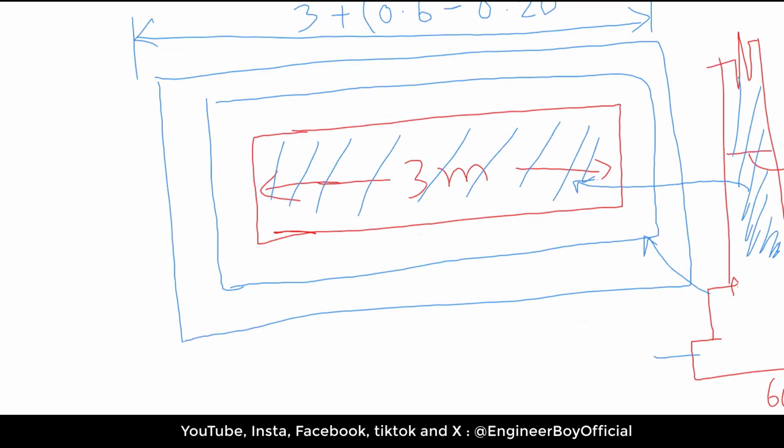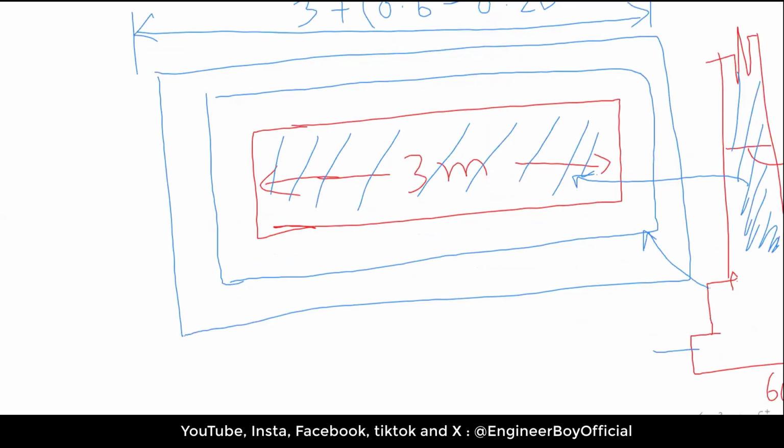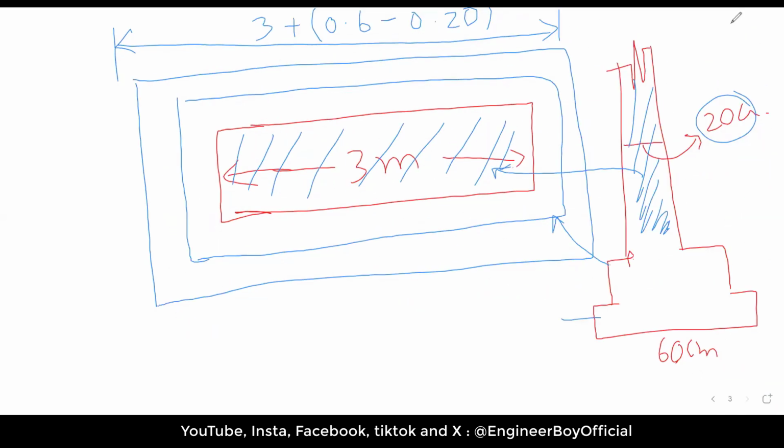It means this is going to be the length of the foundation. It's very simple. Now 3 plus 60 minus 20, that is 40 centimeters. So we can say 0.4, and that is now 3.40 meters.